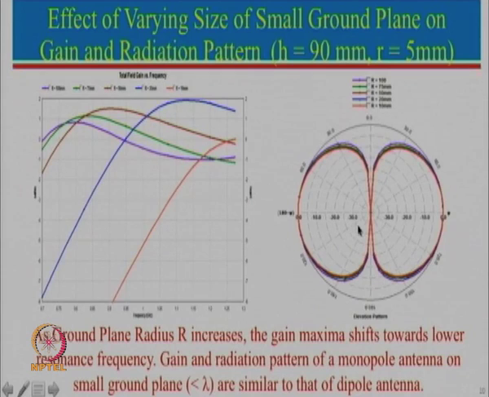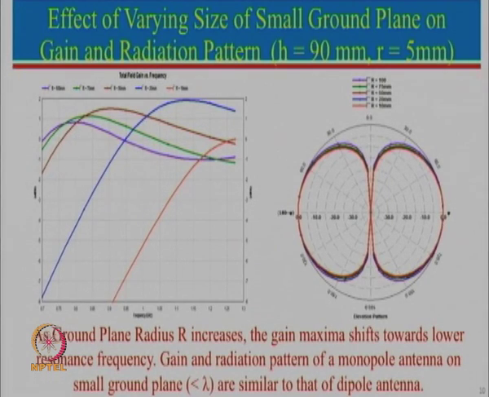If the radiation pattern of a monopole antenna on a finite ground plane is similar to a dipole antenna, where a dipole antenna has a problem, it requires a balun, it requires an impedance matching network. Over here you do not require any such thing. So it is actually better many a times to use a monopole antenna with a finite ground plane where it is less than lambda.